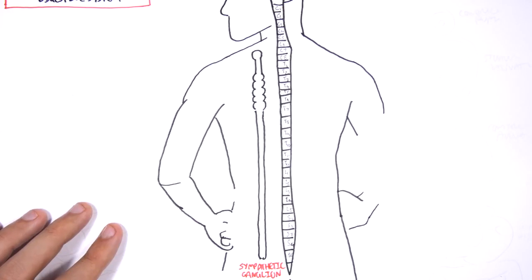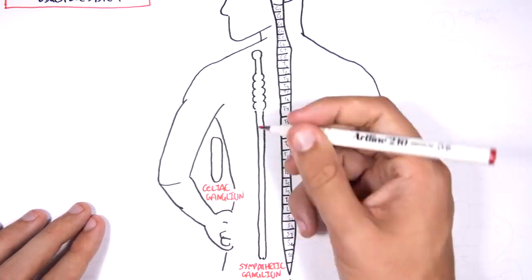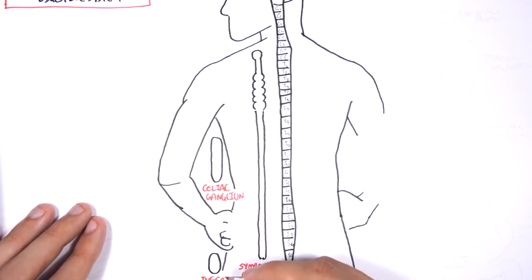So usually in the sympathetic and parasympathetic nervous system, especially in the sympathetic nervous system, there are cells coming out of the spinal cord, and then they synapse in the ganglion, and then this new cell will then target the tissue. So there are many sympathetic ganglions, but here I am only drawing the sympathetic chain, the celiac, and the inferior mesenteric ganglions, which supply the abdominal area of our body.